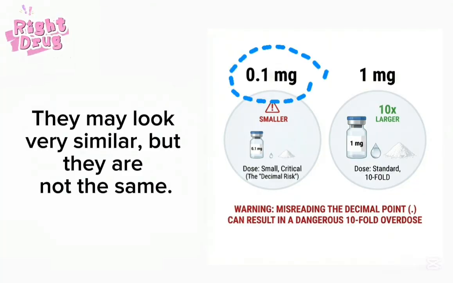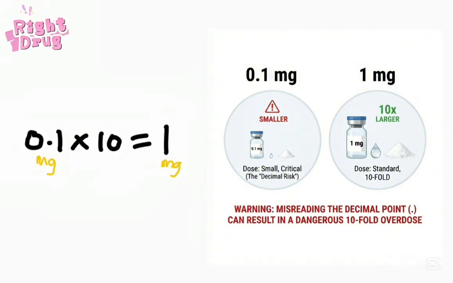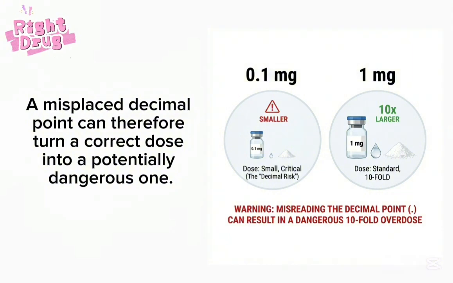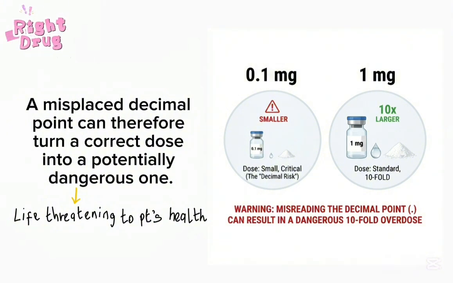For example, 0.1 milligram and 1 milligram are similar, but they are not the same. One is 10 times larger than the other: 0.1 milligram is one tenth of 1 milligram. So a misplaced decimal point can turn a correct dose into a potentially dangerous dose, which can be life-threatening and detrimental to the patient's health.